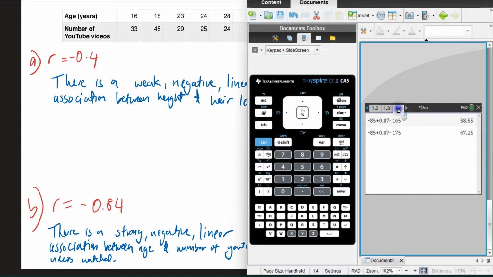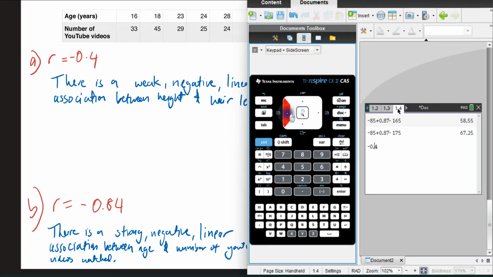Let's say my R value is negative 0.4. The important thing is sometimes you might need to put a bracket around this, or else your calculator won't recognize it as a negative number. Squared, and there's your answer, 0.16. So the R squared value is 0.16.